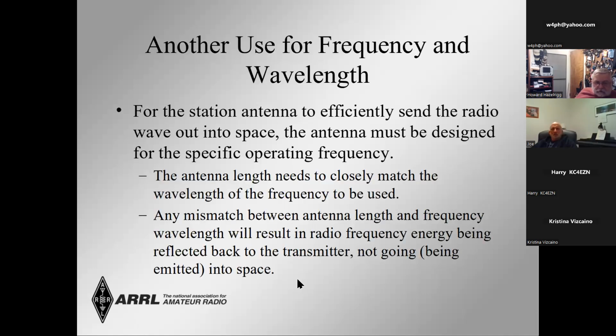For the station antenna to efficiently send a radio wave out into space, the antenna must be designed for the specific operating frequency. The antenna length needs to closely match the wavelength of the frequency to be used.